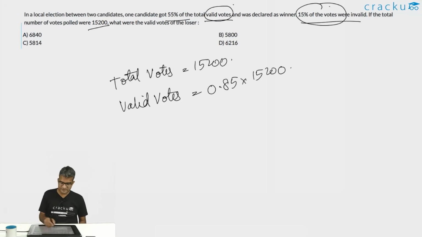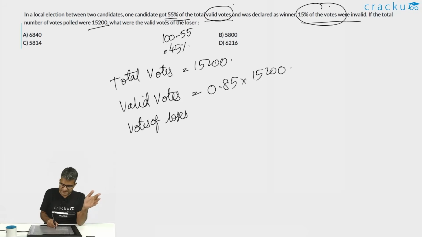Out of this, one candidate got 55%. That is the winner. So all the remaining votes, that is the remaining 100 minus 55, which is 45% of the votes, went to the loser. So the votes by the loser is 45% or 0.45 of the valid votes, which is 0.85 into 15,200.